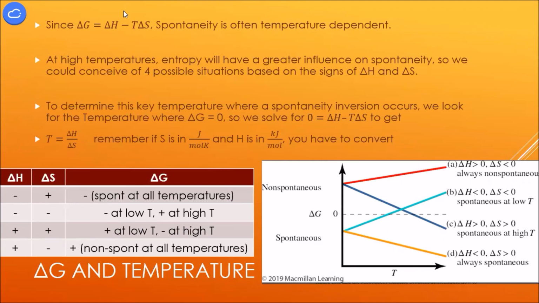But as the temperature changes, the entropy term has a larger or smaller effect. So if I do this at 200 degrees, it's going to be different from 300 degrees or 500 degrees or whatever that temperature is in Kelvin. It's going to make the entropy play a bigger effect.